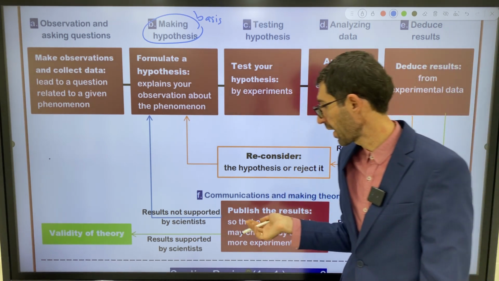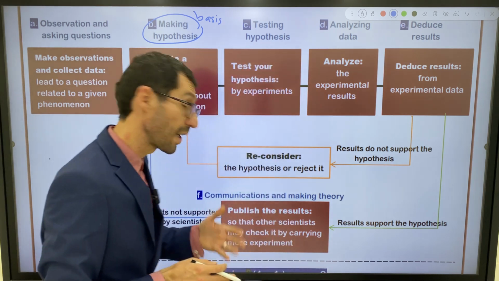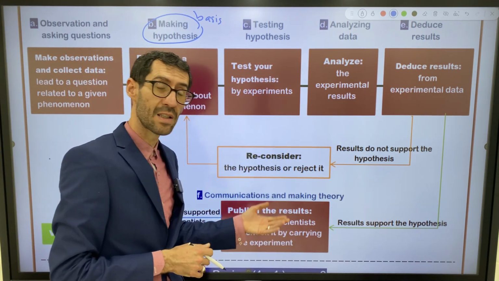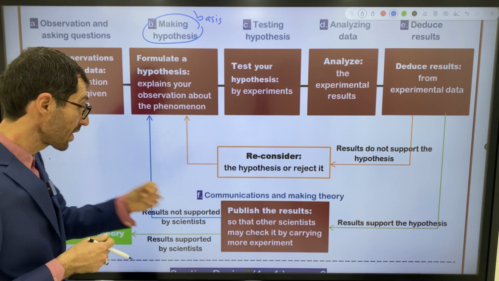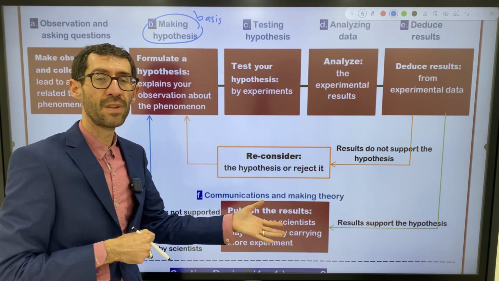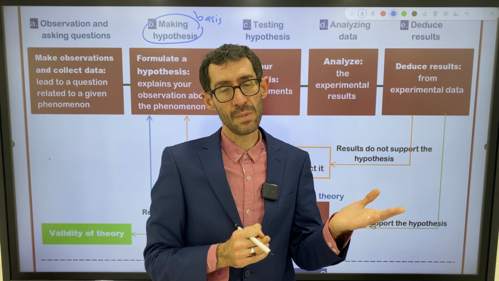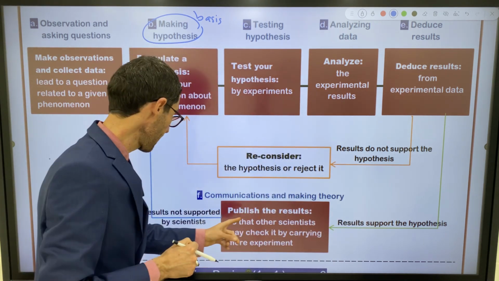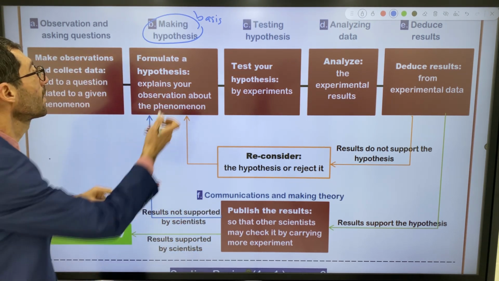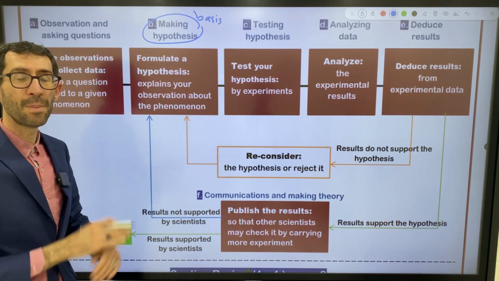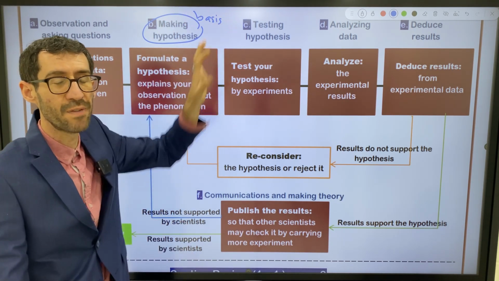Other experiments are needed. If the majority of the experimental data doesn't support the hypothesis, what happens? Here, results not supported by scientists, it returns to the hypothesis itself. So the hypothesis has a problem here. That's why we say it's the basis of the scientific method.